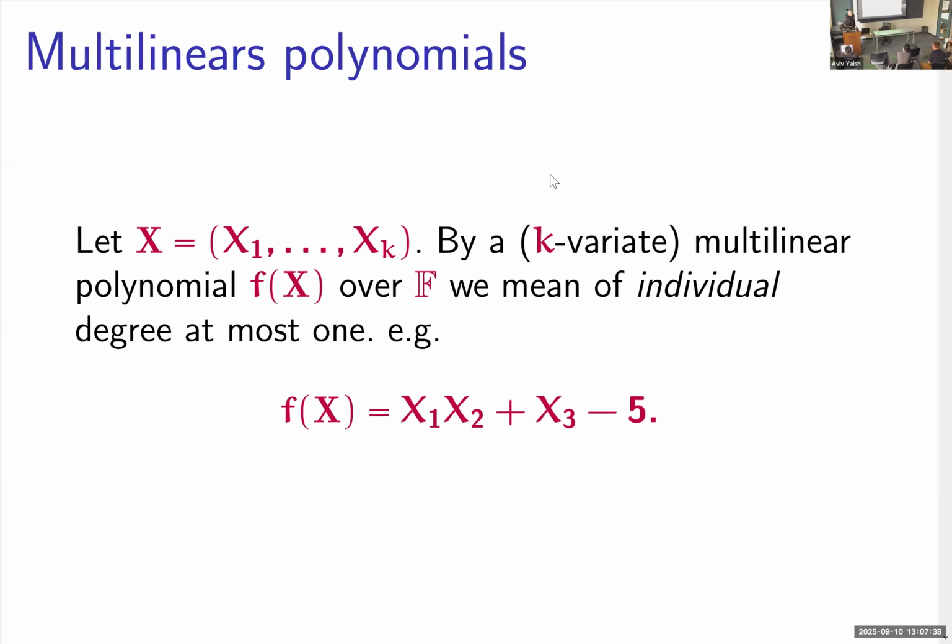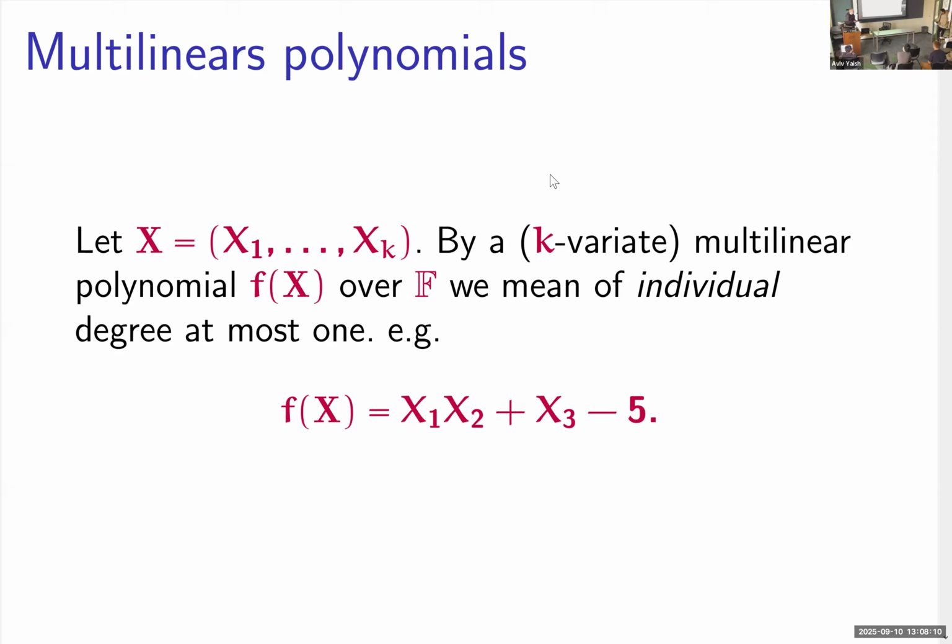Beginning with polynomials, we're going to focus on multilinear polynomials, which are of great importance in ZK SNARKs. We'll always use bold X for a tuple of k variables. And by a k-variate multilinear polynomial, we simply mean a polynomial of individual degree at most one.